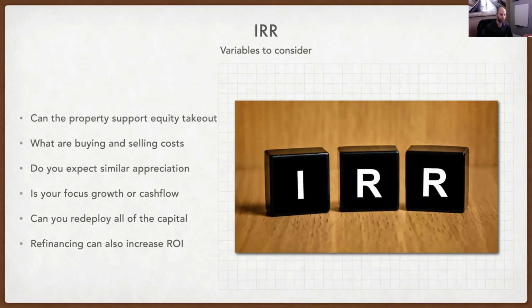Typically in the stock market, if you take your large initial deposit out and only leave your earnings in the stocks or bonds, you're not going to see very good returns after that, because you've taken the bulk of the capital out. Real estate, that's really one of the strongest things about it, is being able to take the bulk of the capital out, or even all of the capital out, and then go redeploy that, buy another investment, and the original one will still continue performing, will still continue generating similar returns or even better returns than it did before.